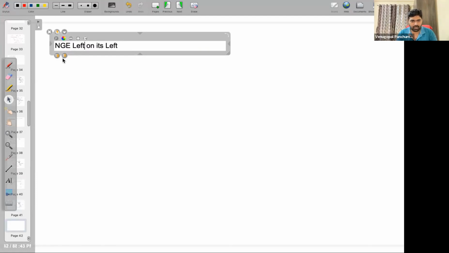Nearest greater element on its left. So far we have seen smaller on the left and smaller on the right. Let me see the greater. Nothing, friends. Simply the sign will change. That's it. Nothing else will happen.